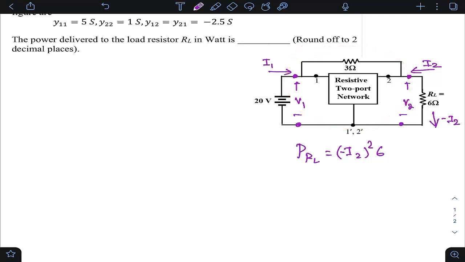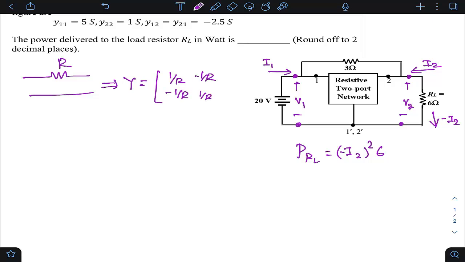Now I'd like to tell you that this particular single element, let's say R, its Y matrix, if you try to find it out, happens to be 1 by R, minus 1 by R, minus 1 by R, and 1 by R. All are in Siemens, students.